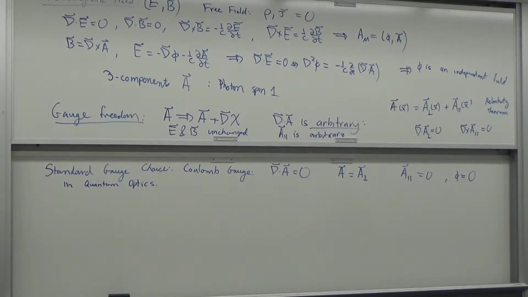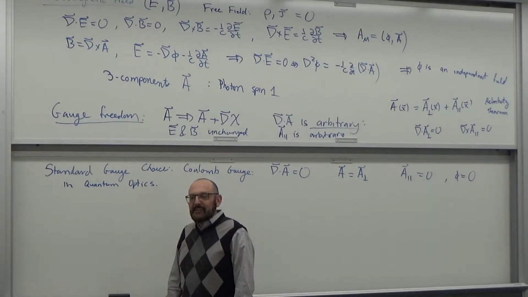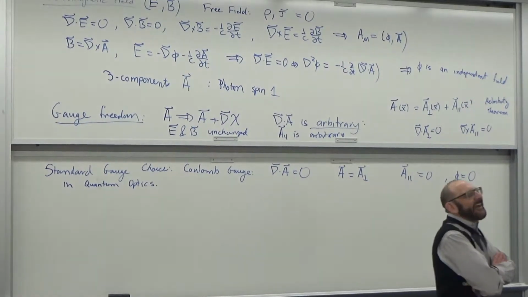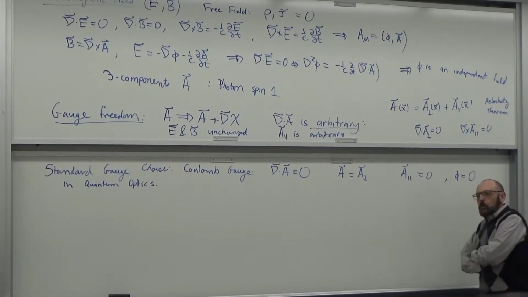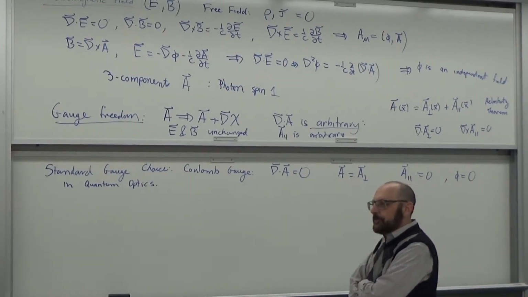So in relativistic field theory, we typically work in the Lorentz gauge, right? You remember that from your E&M. But quantizing in the Lorentz gauge is a total mess and is not important for what we're doing. So we will just do the simpler thing and stick with the Coulomb gauge.